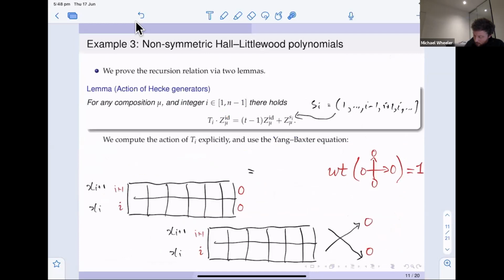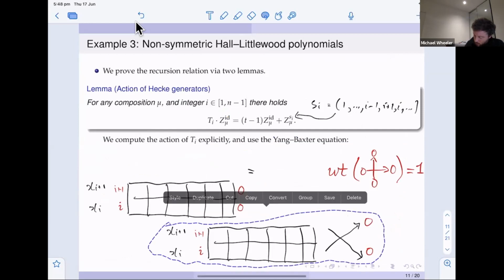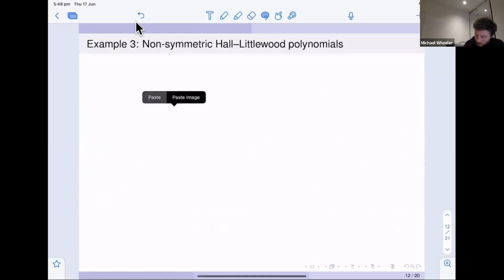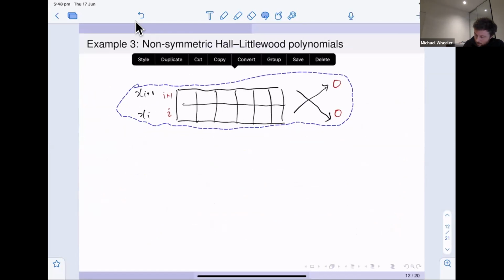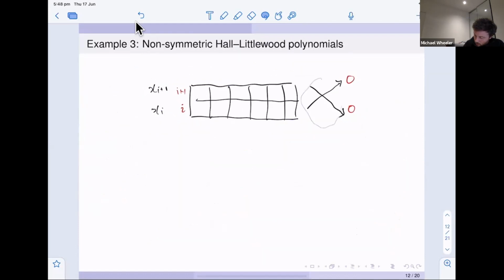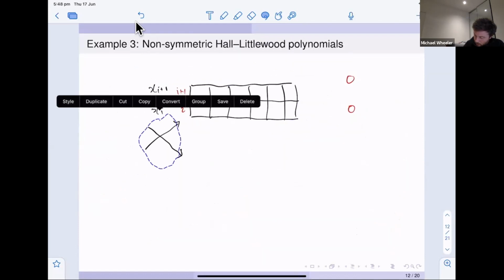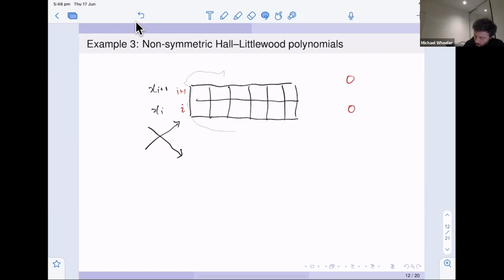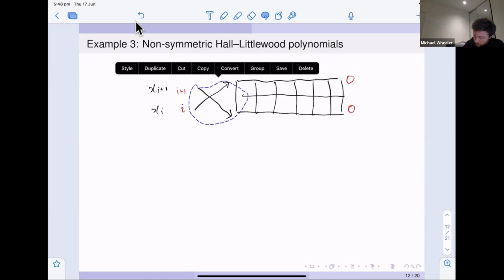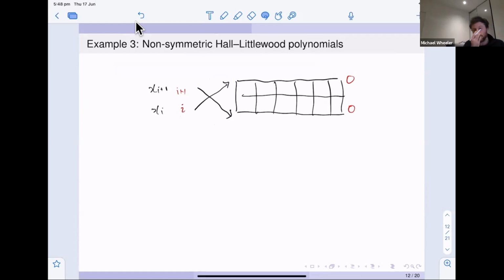If I use that relation over and over again, the cross will move all the way to the other side. Basically, this will make its way over to here, and it will go here now. That's basically what happens when you use the Yang-Baxter equation after lots and lots of steps.